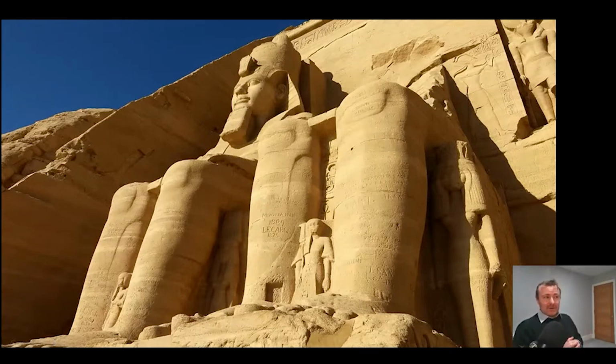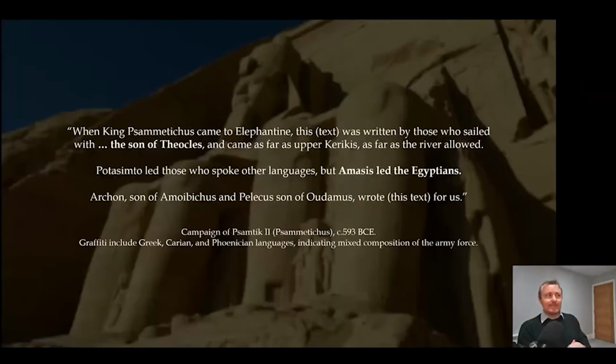Now, some of the graffiti is modern, depending on the quality. On this leg here, just next to where my mouse is, we have graffiti from the 19th century. But on the other statues and on some sections, we actually do have graffiti from earlier periods, including the first millennium BCE.